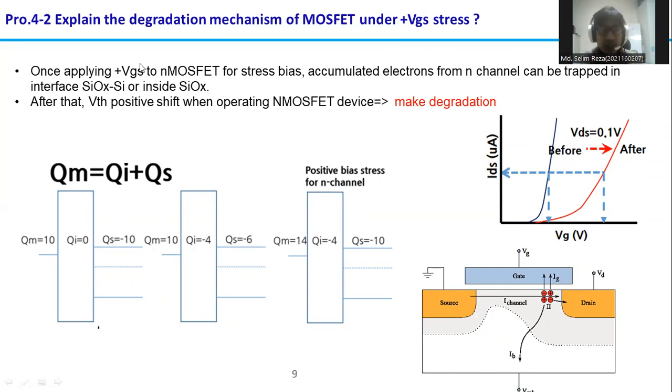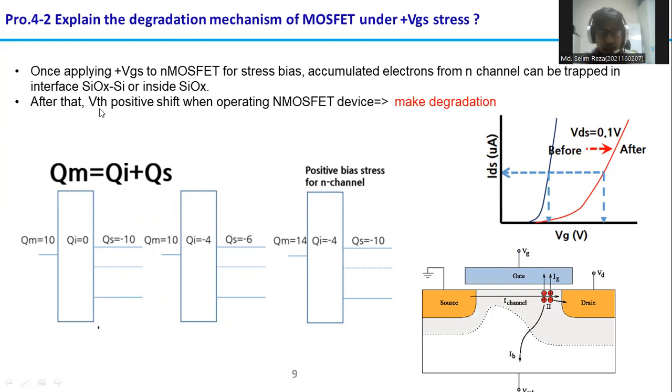Once we apply VGS in the N MOSFET as bias stress, the accumulated electrons from the n channel will be trapped into the silicon oxide, at the silicon-silicon oxide interface.